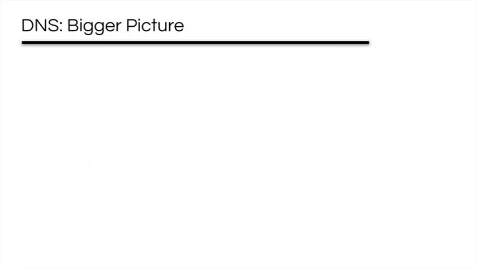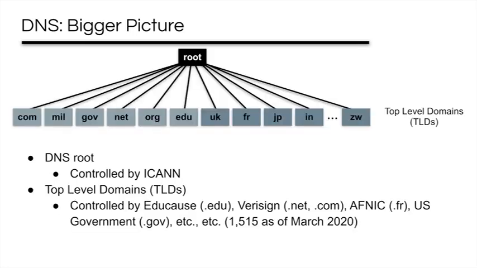So looking at the bigger picture here, we start with a root, which I didn't put in the previous diagrams. The DNS root is controlled by ICANN. Below that, we have these top-level domains, or TLDs. There's a whole bunch of them, and these are controlled by various different organizations. Like I mentioned, .edu is controlled by EduCause.